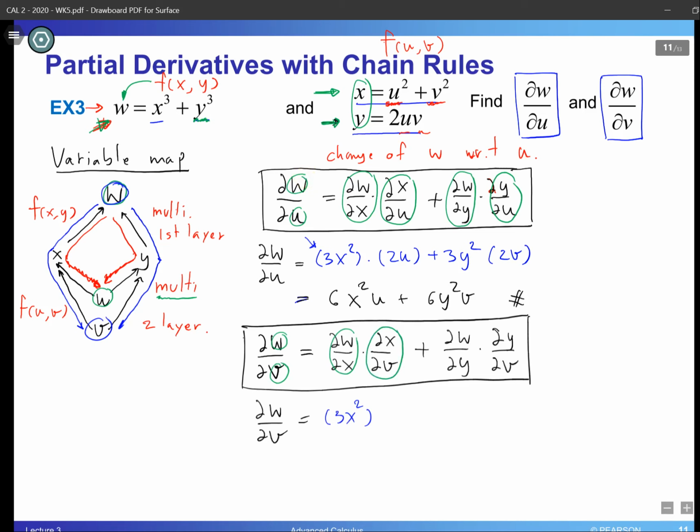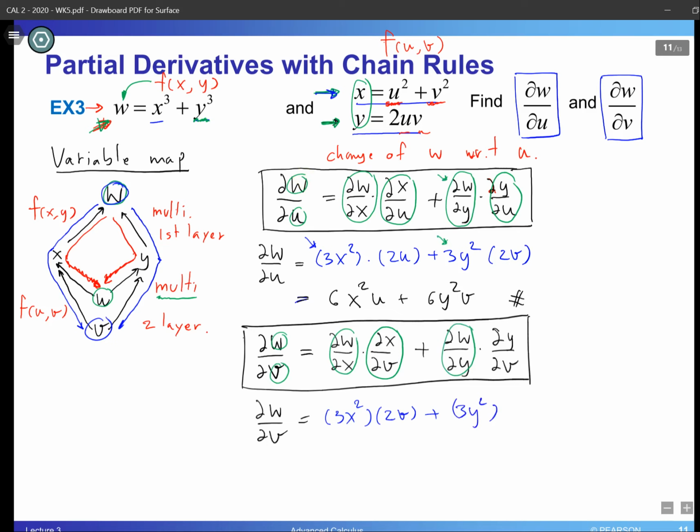So we are going to have to go here and differentiate this with respect to v. And as you know, we are going to get 2v out of that. Plus, next term, dw with respect to y, we have found this right here, and it's going to be equal to 3y squared. So reuse that, 3y squared.